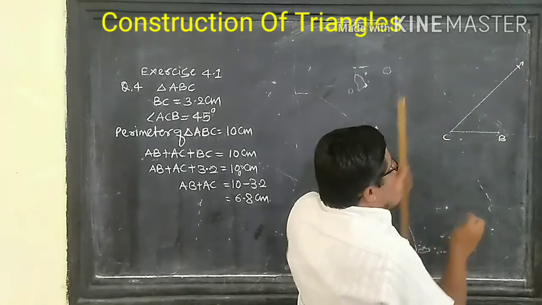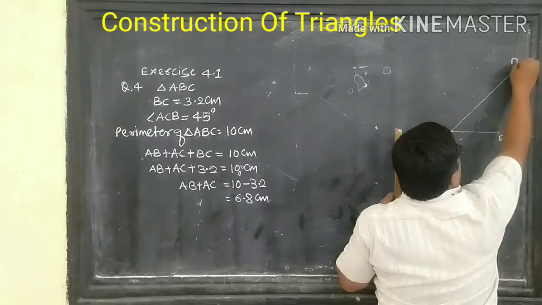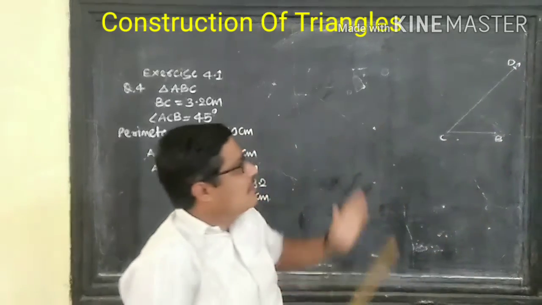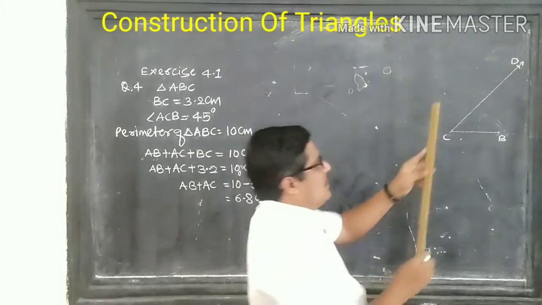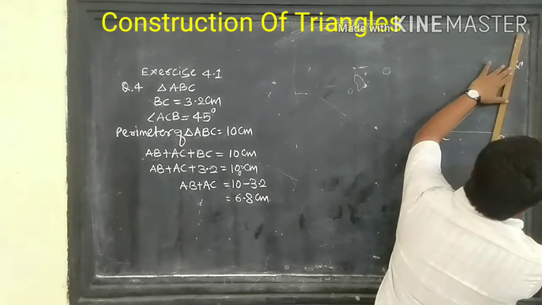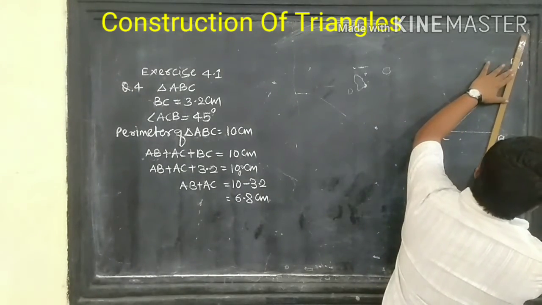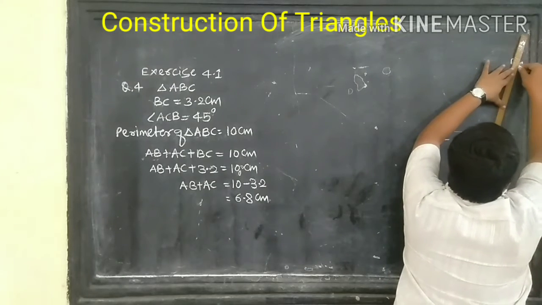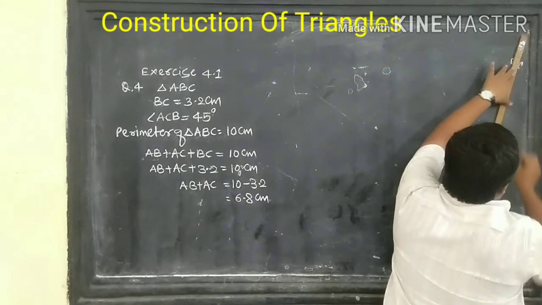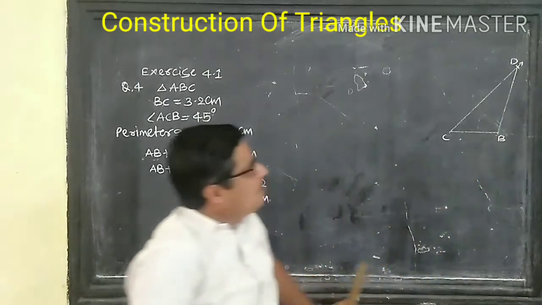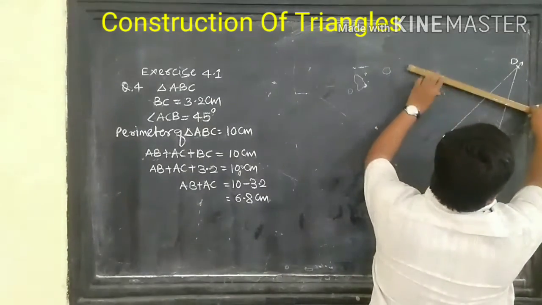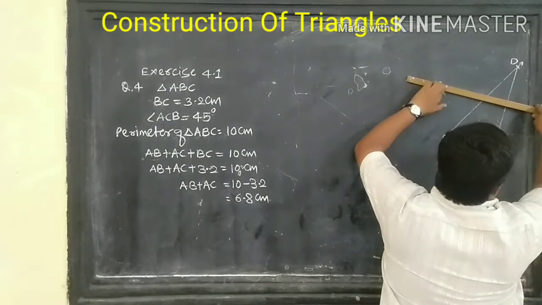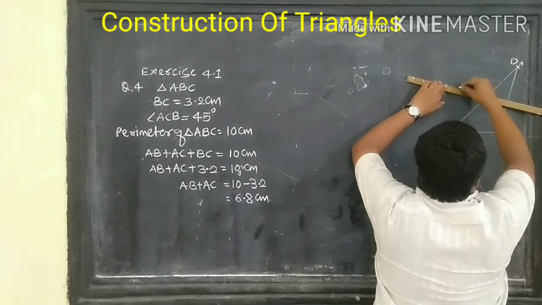After drawing this arc, this will be point D, which is apart from the name of the triangle, that is triangle ABC, and after that we have to draw segment BD. Now after drawing this segment BD, we have to draw the perpendicular bisector of segment BD in this way.